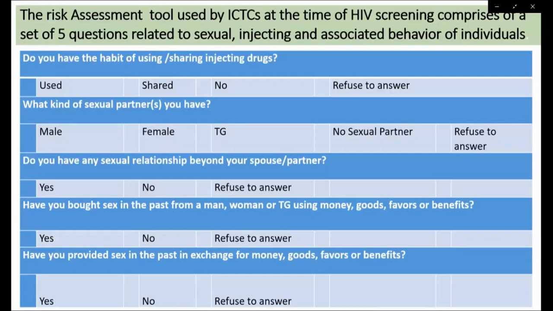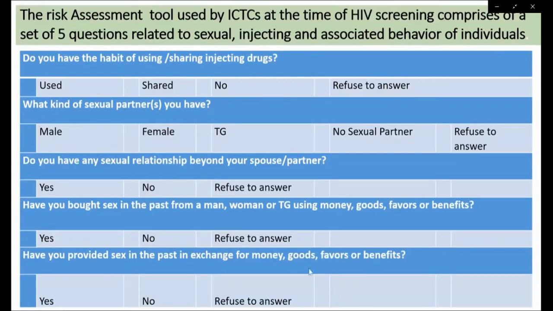But still, those who are maintaining the record in the counseling register, as I mentioned earlier, and Dr. Govind Bansal sir has also mentioned, we need to refocus our pre-test counseling into different strategies, depending on which kind of client is coming to the standalone ICTC.